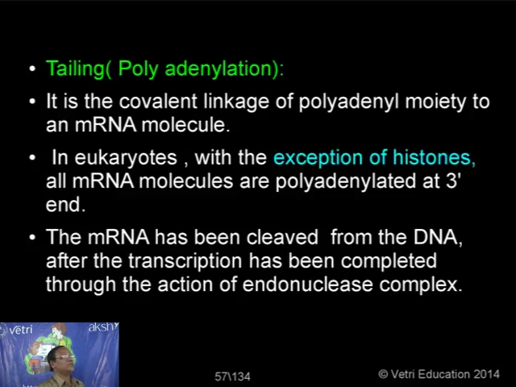Now, once the mRNA has been formed, it is cleaved from the DNA. Cleaved means that it is dissociated from the DNA after the transcription process has been completed, through the action of certain enzymes called endonucleases. Either exonucleases or endonucleases are the enzymes responsible for separating or breaking RNA molecules.